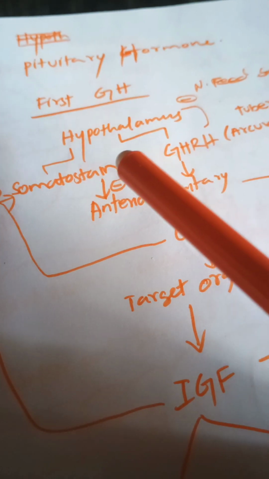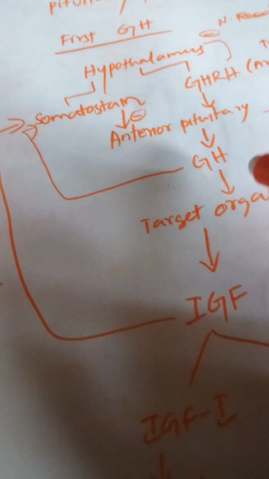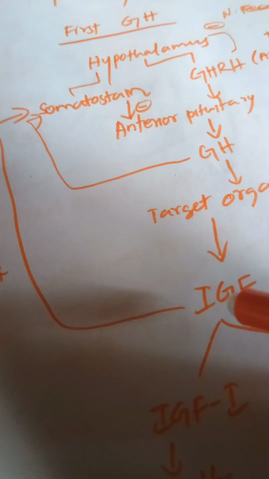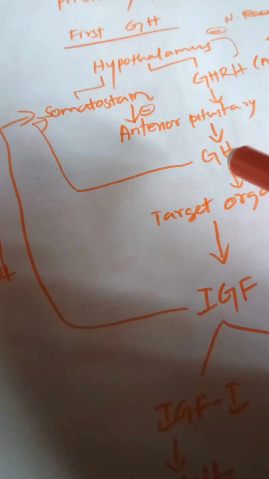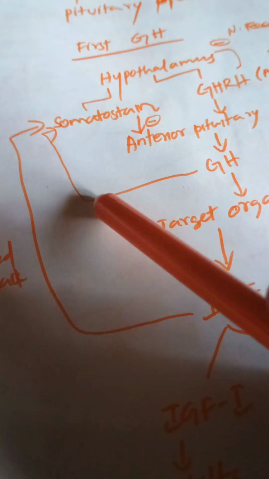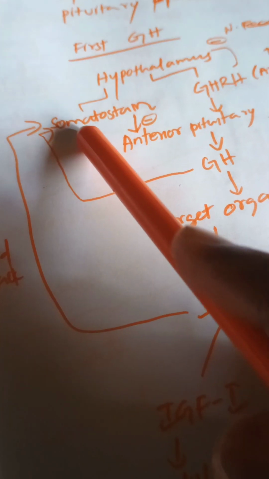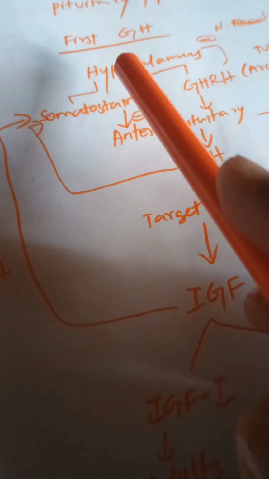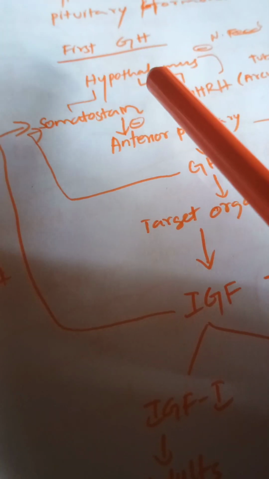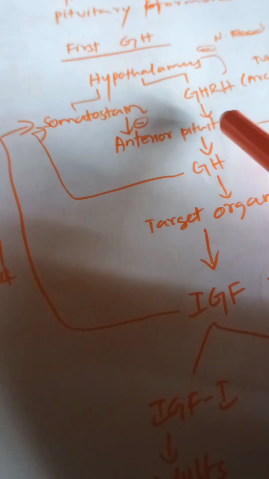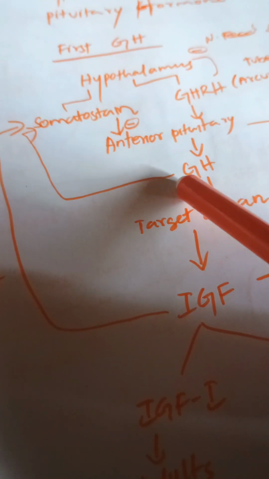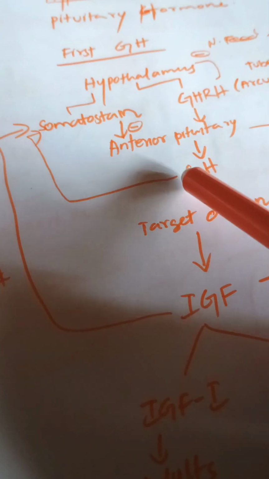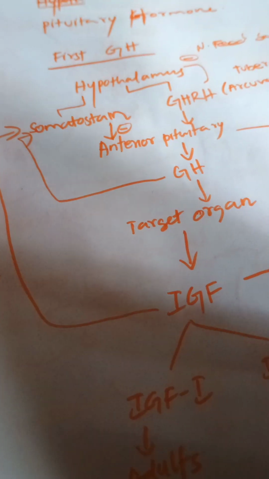So it is also controlled by the negative feedback mechanism. Negative feedback means growth factor and growth hormone directly act on somatostatin. It is an inhibitory hormone secreted by the hypothalamus. It directly inhibits the anterior pituitary, so it controls and regulates the growth hormone release.